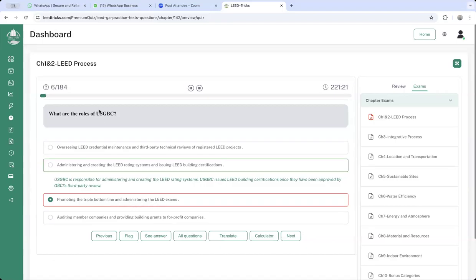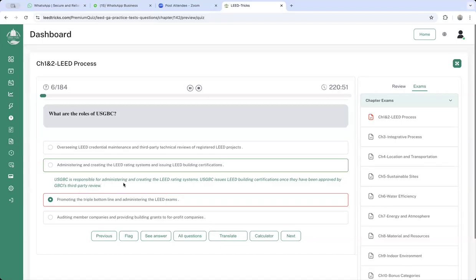These are done by GBCI. Here we ask about USGBC. USGBC administers the creating of the LEED rating system itself. Okay? The LEED rating system itself. And issuing LEED building certification. Yes, maybe this is the part that is confusing. It's issuing, but the one who really grants, attests, or gives the final approval is GBCI.